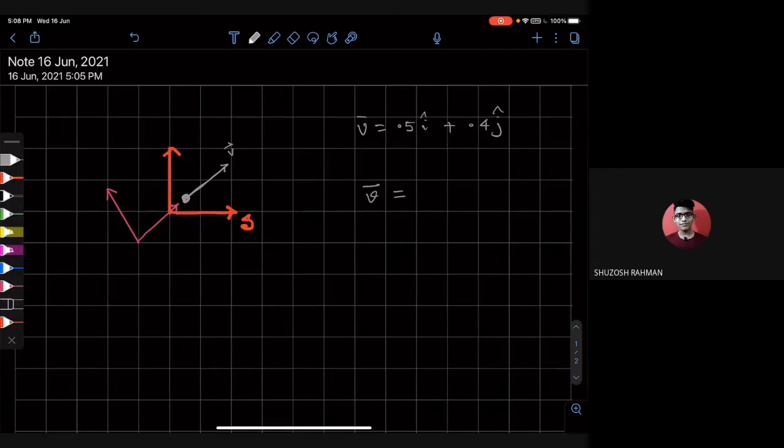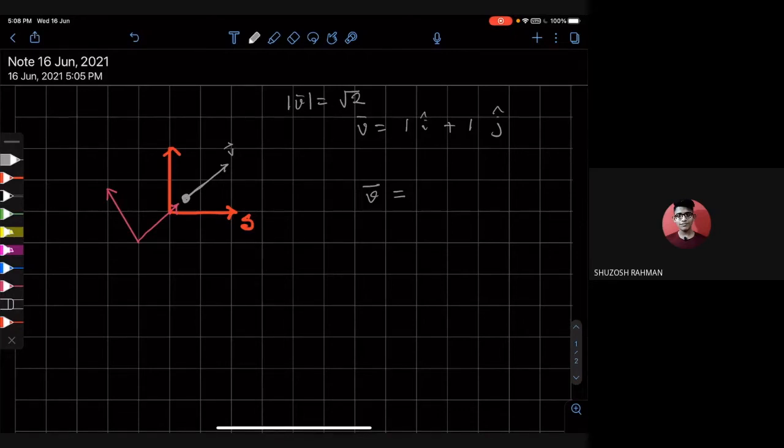Let me make the numbers easier to work with, and let's just make it 1 and 1. So this is square root of 2, the length of the vector. Do you agree?